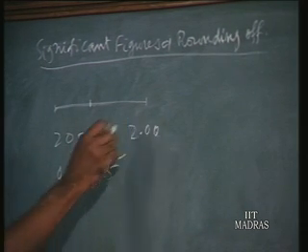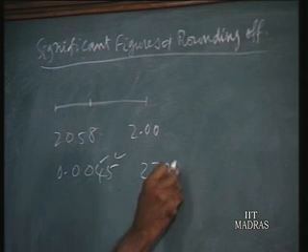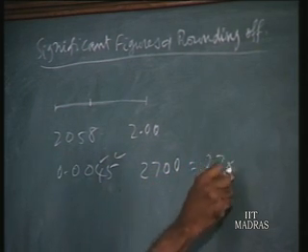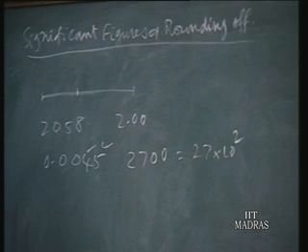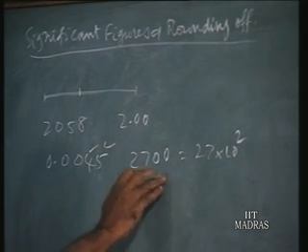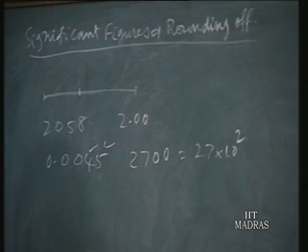In another case, suppose 2700. If we write 27 into 10 to the power of 2, then we are interested only in how many hundreds there are. That means only 27 is important, and the two zeros are not important.